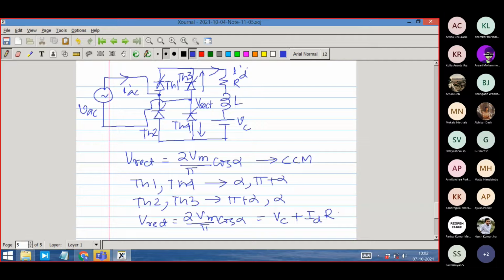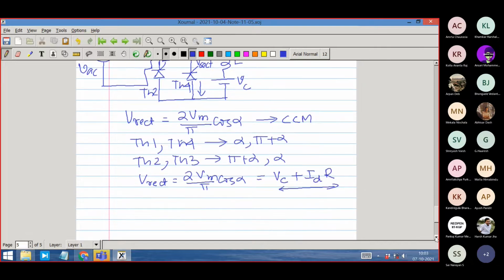If somebody says that I want a current of 10 ampere and a voltage of, let us say, 80 volts, and given a value of resistance R, you can first compute the voltage requirement from the DC side for a given value of Vc and a given load current ID.